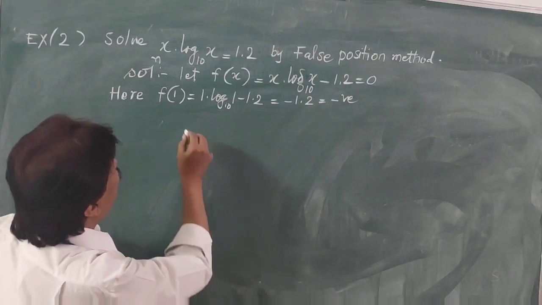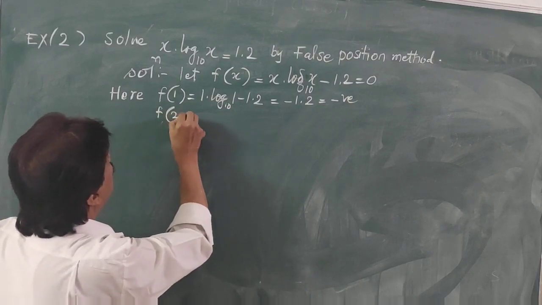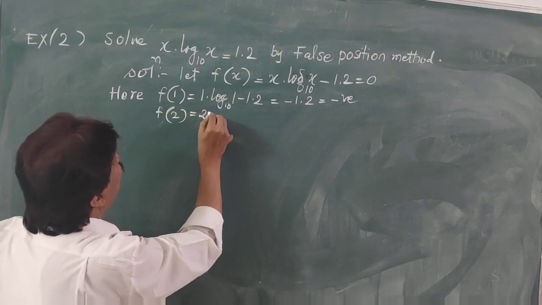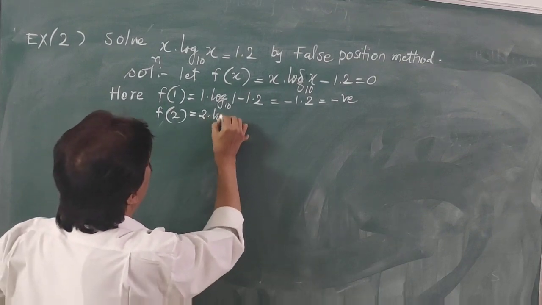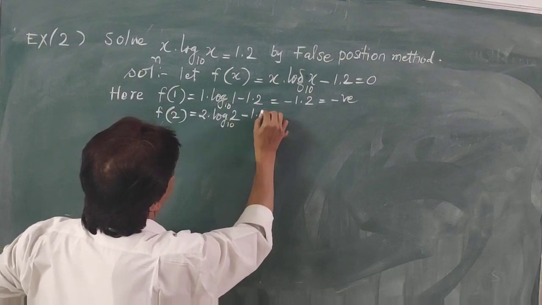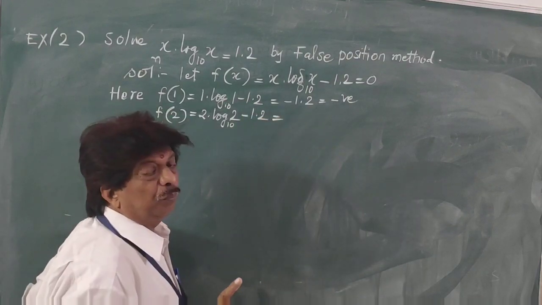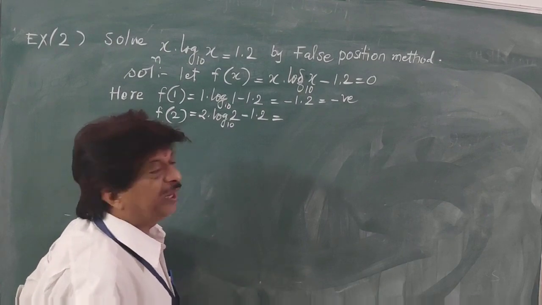Now, what is f of 2? 2 into log of 2 to the base 10 minus 1.2 equal to. Log of 2 is 0.30103.